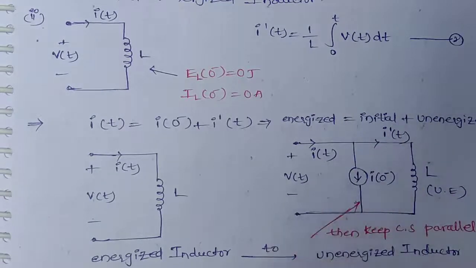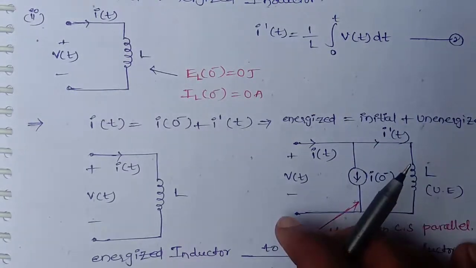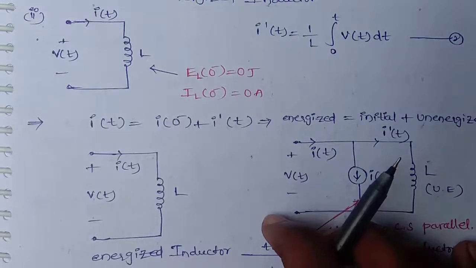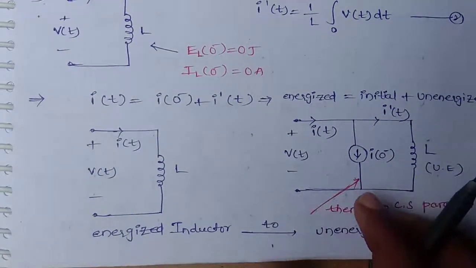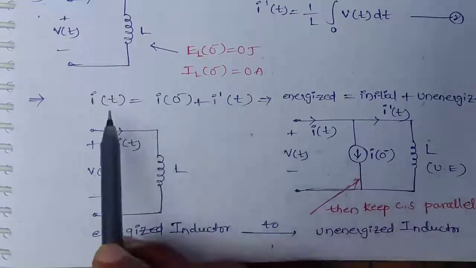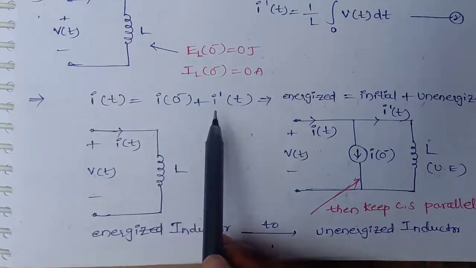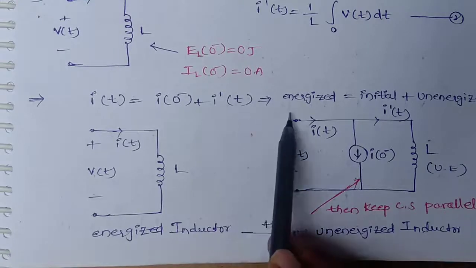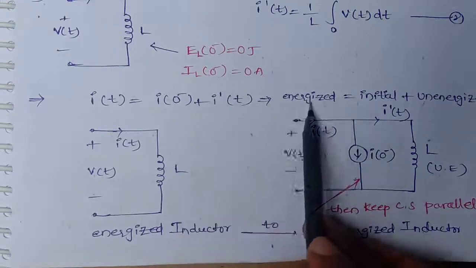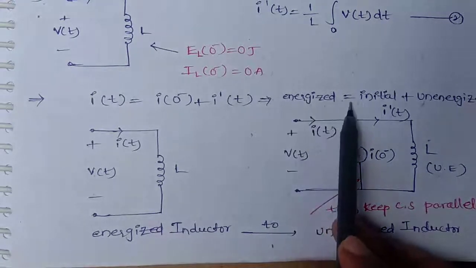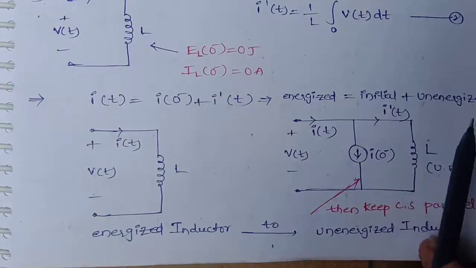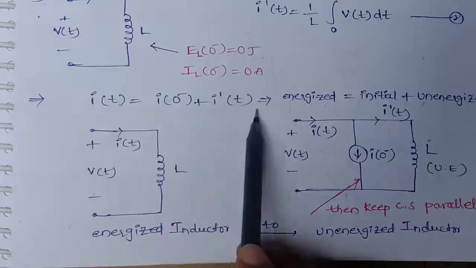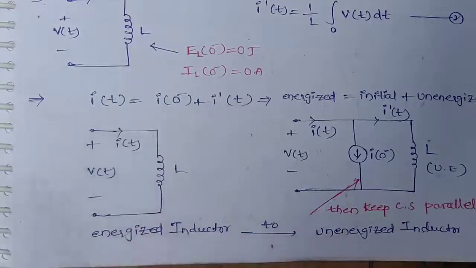If I want to find the current expression of the energized inductor, we get i(t) = i(0-) + i'(t). That is, the energized inductor current is equal to the initial current plus the unenergized inductor current. This is the expression for the energized inductor current.